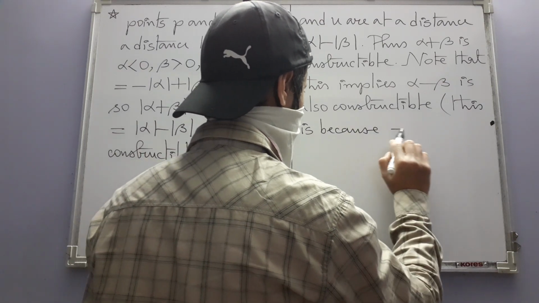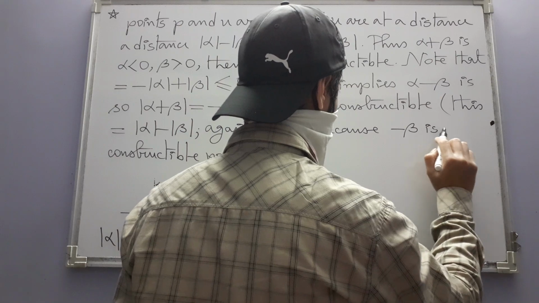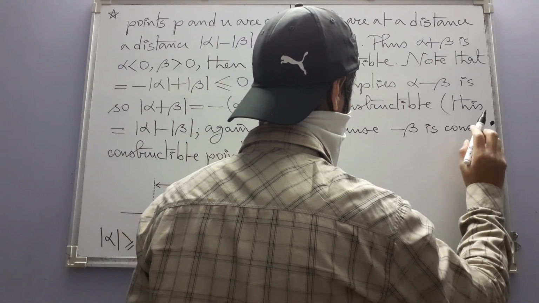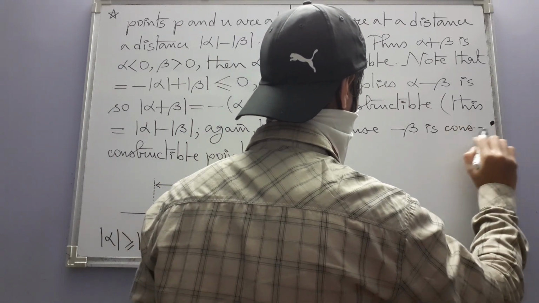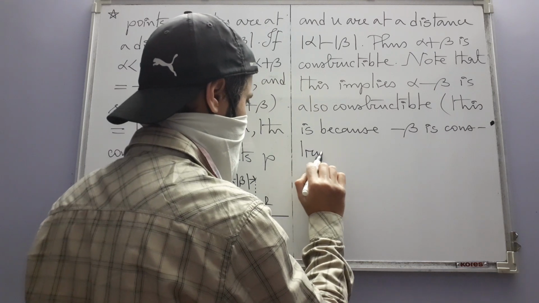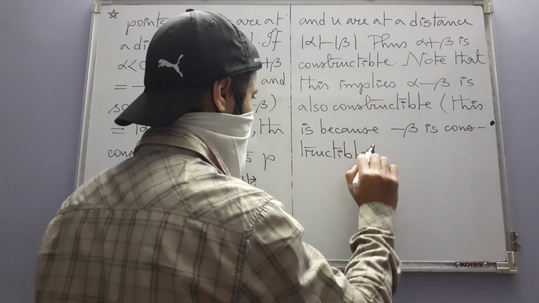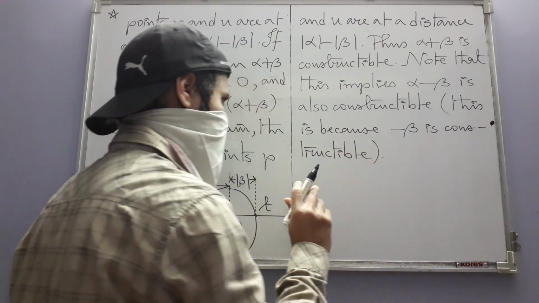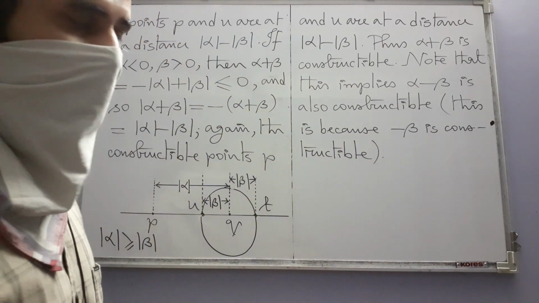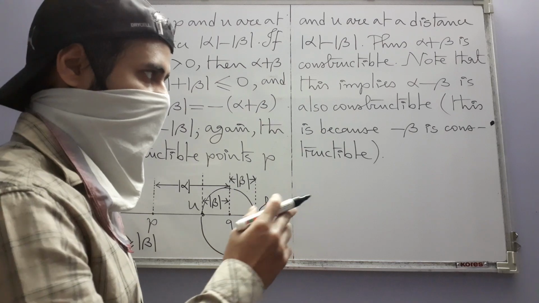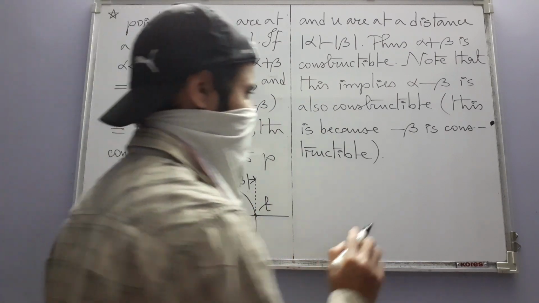This is because minus beta is constructible. And why is that so? What does it mean for beta to be constructible?